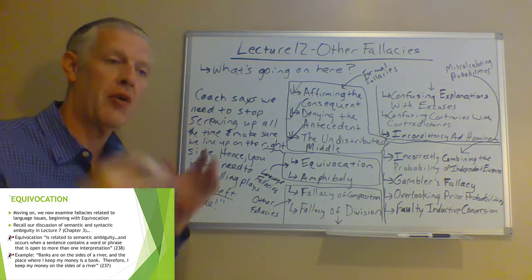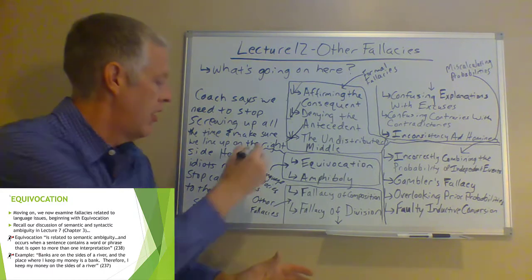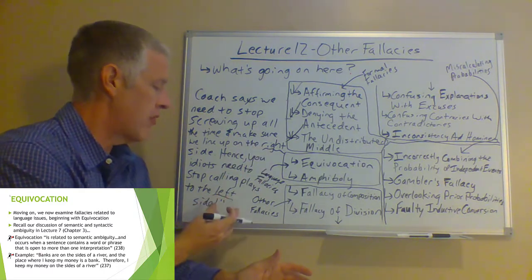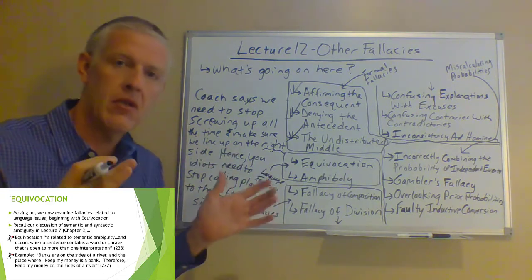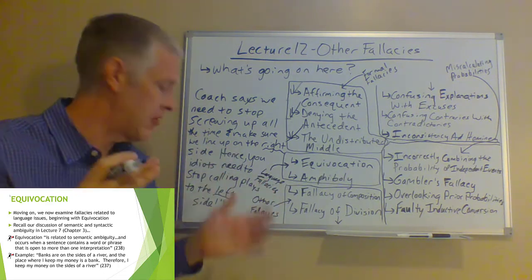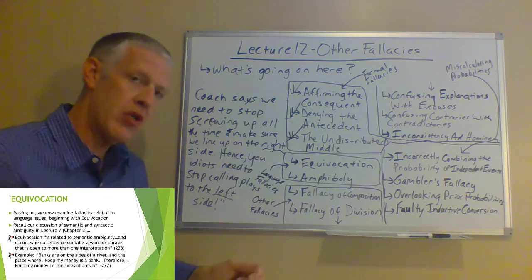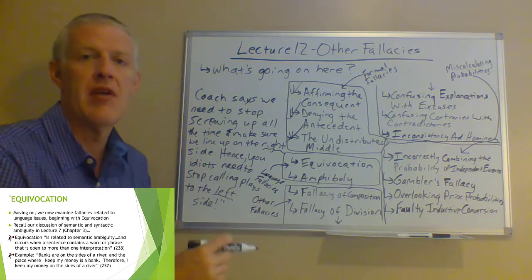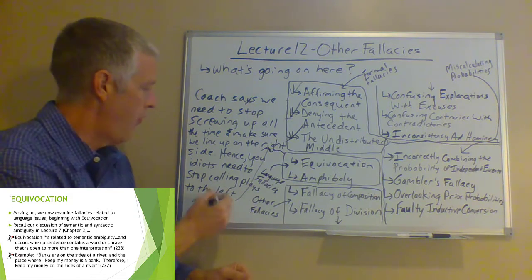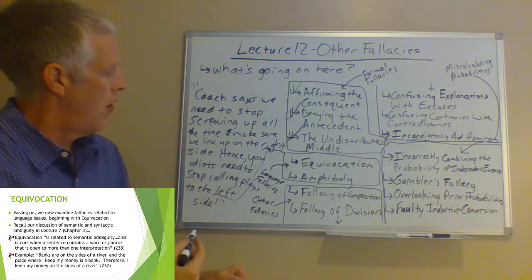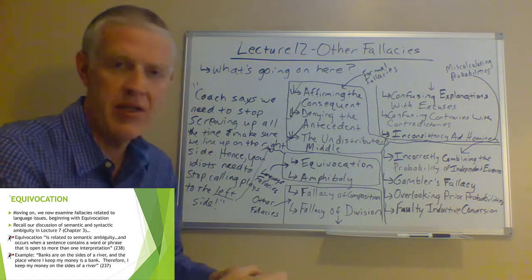We need to line up on the correct, or go in the correct direction, run the plays in the correct direction. And here we used the opposite, the different sense of right, namely right versus left. Okay, not correct versus incorrect, but right versus left. And so here he's using right in that other sense and saying we need to stop going left and instead go right. But that's not the way he was using it here. Okay, so hopefully the teammates would immediately throw a flag on him and say, "Come on, right?"